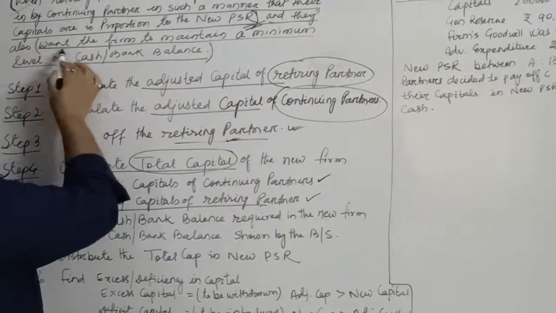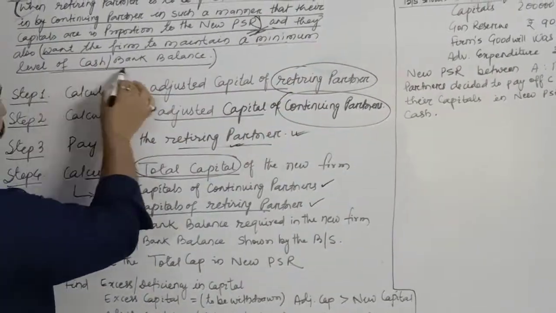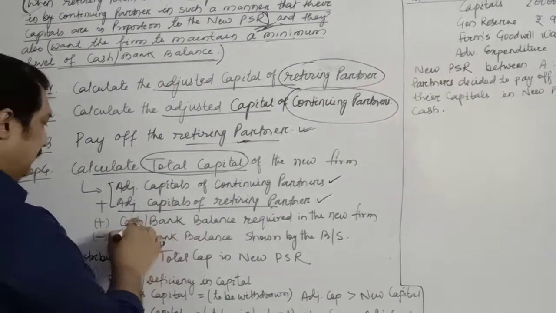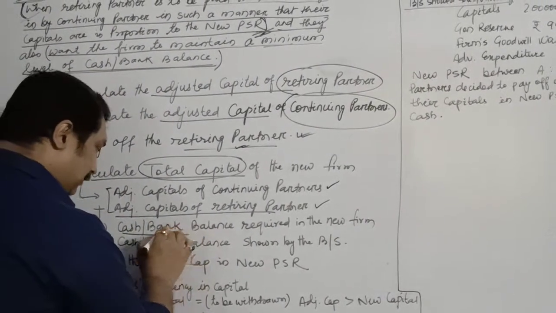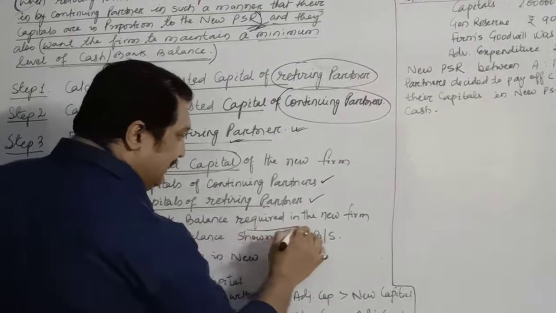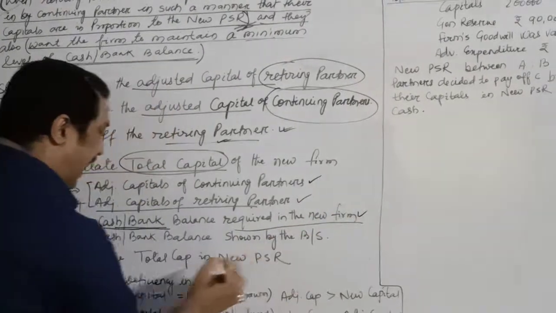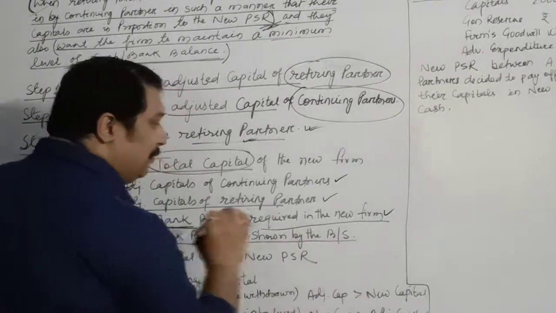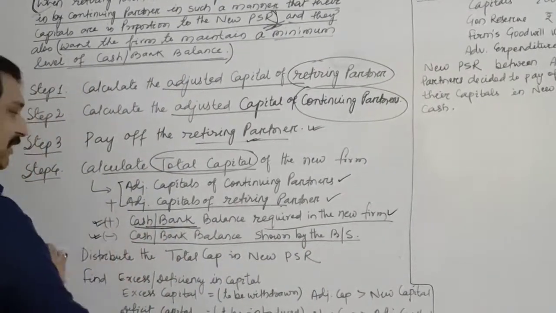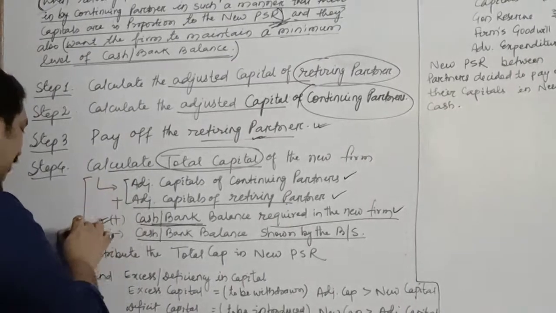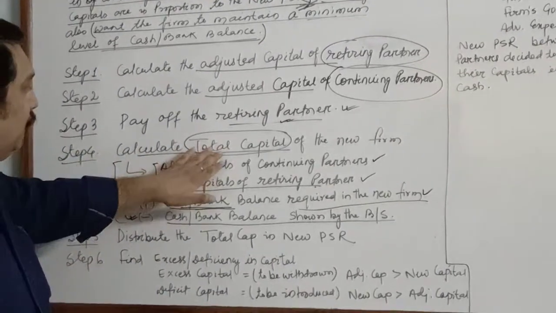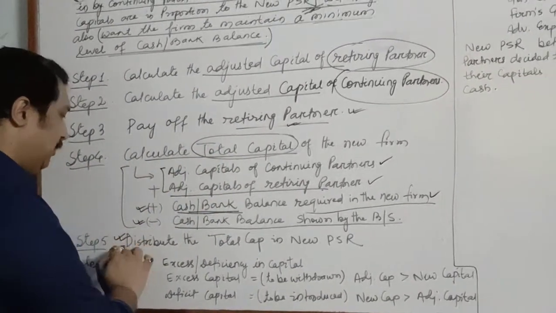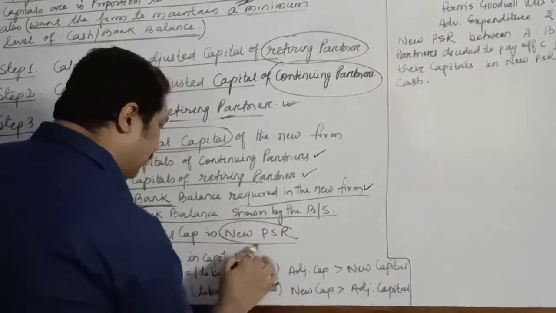That they want to maintain a minimum cash or bank balance. So for that, whatever cash or bank balance they want to maintain in the new firm, you will add that, and the cash or bank balance which is already shown by the balance sheet, you will subtract. So doing all these plus and minus, you will get your total capital. You will distribute the total capital in the new PSR.